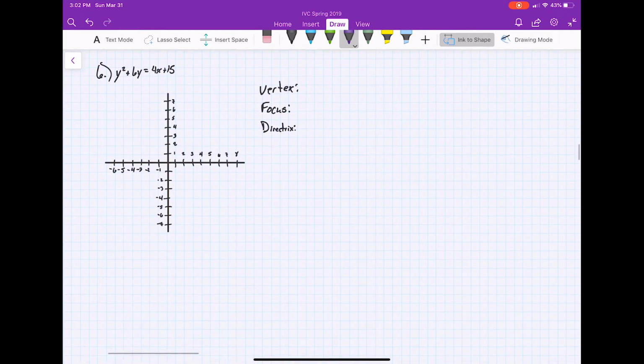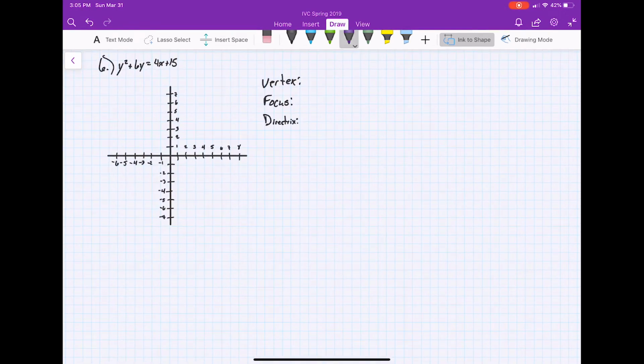All right, so for number 6, exactly the same type of problem, although notice the y's are on the left and the x's are on the right. So when we set this up, we have to make sure that we pull the vertex in correctly. So y squared plus 6y plus some number equals 4x plus 15 plus some number. We fill this in, we get 9 on these two sides.